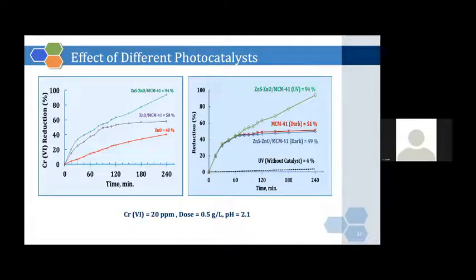The second experiment is the same experiment without light, in dark only. We found that the efficiency was about 49%. When the light is on, the efficiency is increased up to 90% due to the synergetic effect between adsorption and photocatalysis.